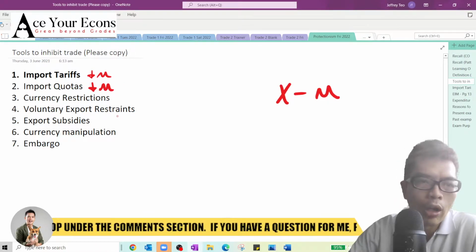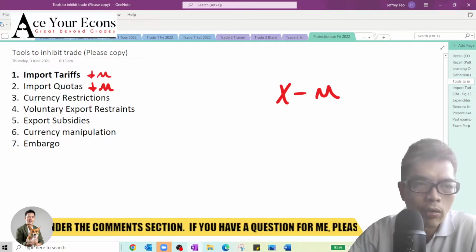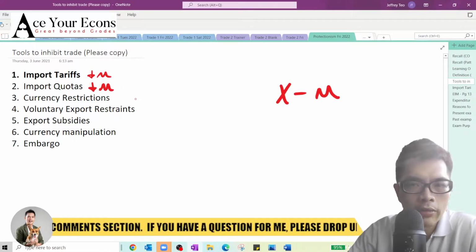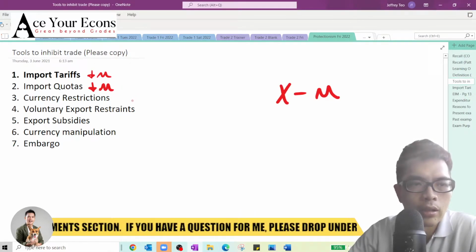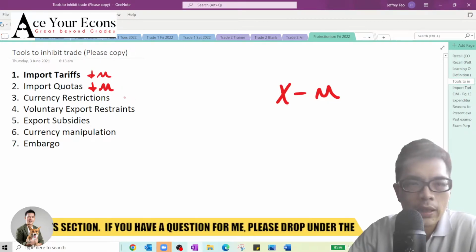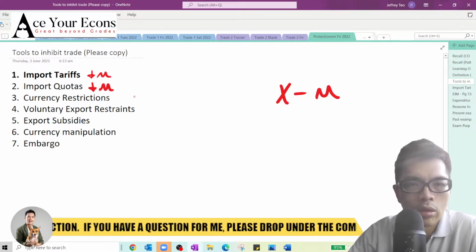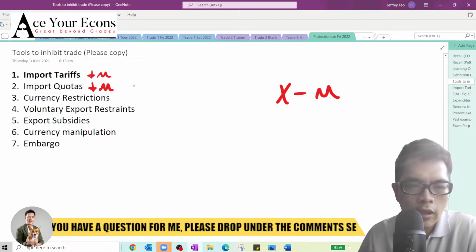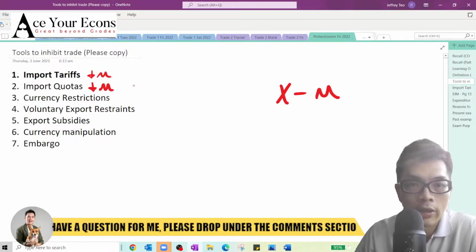So there are a lot more. You can see the third one, currency restriction. Currency restriction means there is currency control, which restricts domestic access to foreign currency.